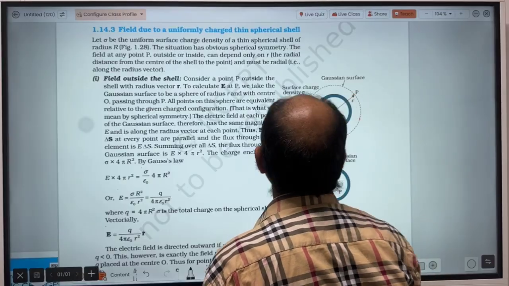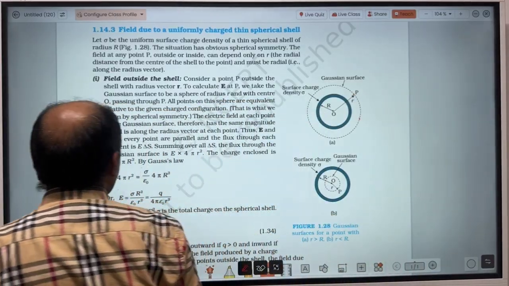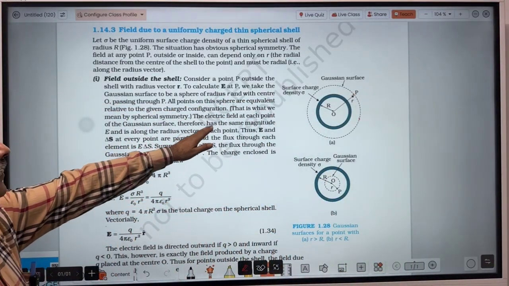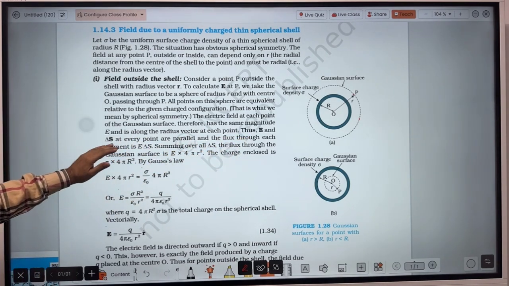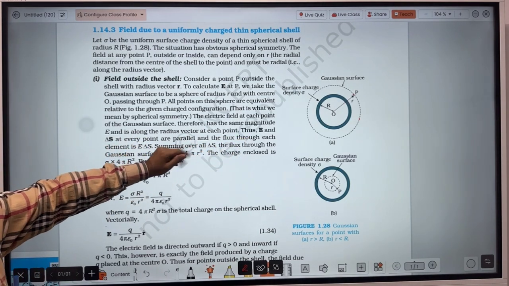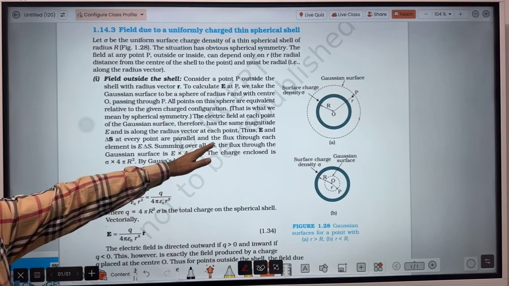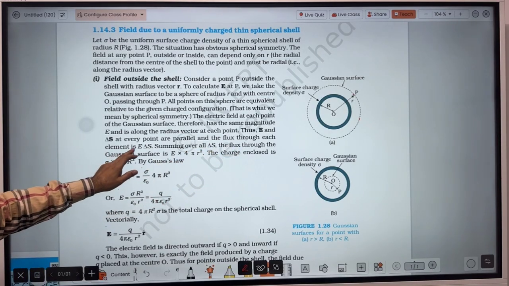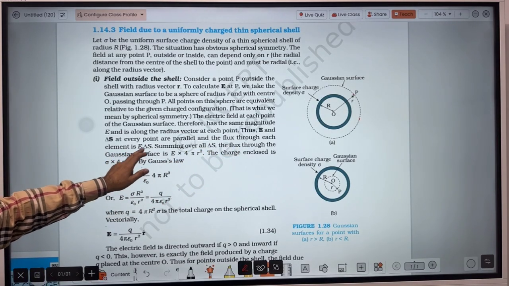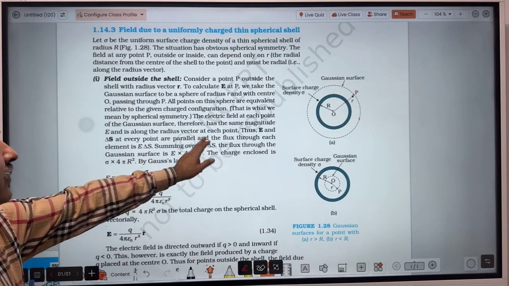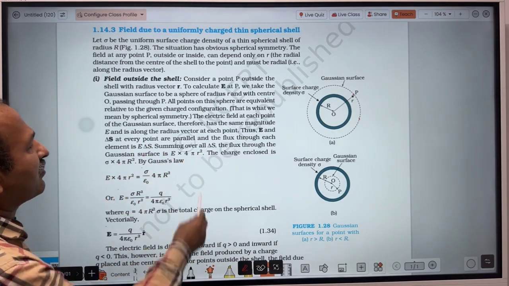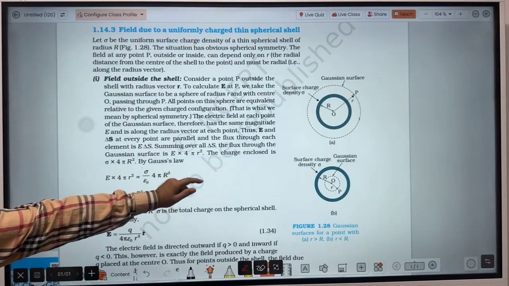This is a positive charge. Now, the field has the same magnitude E and is along the radius vector at every point. Thus E and delta S at every point are parallel. So theta will be 0 degree. And the flux through each element is E into delta S. Summing over all delta S, the sum of delta S will be just the surface area.